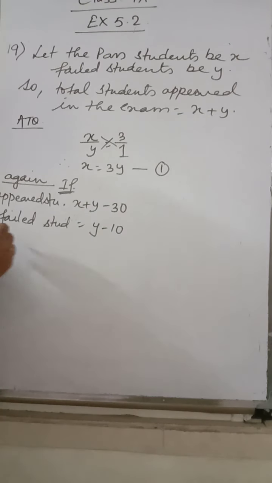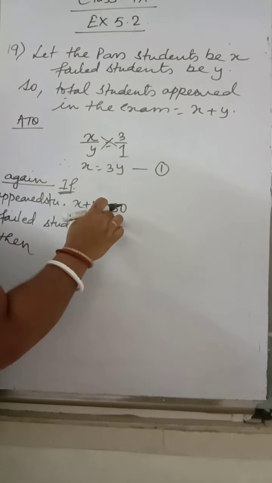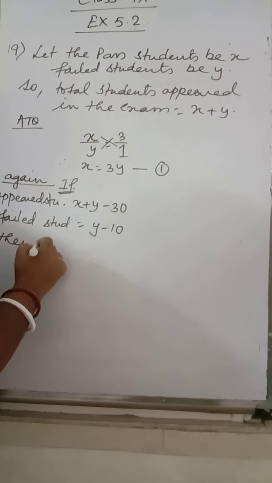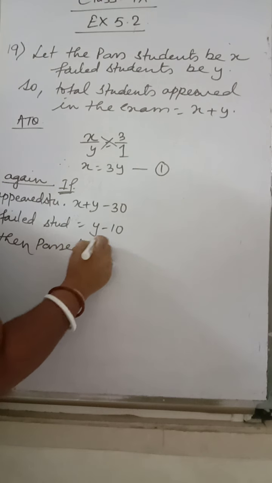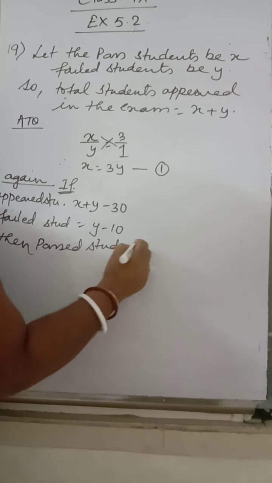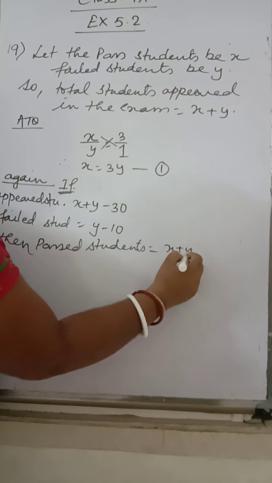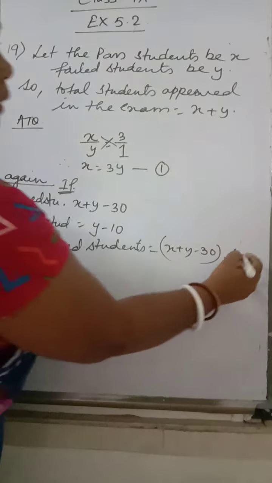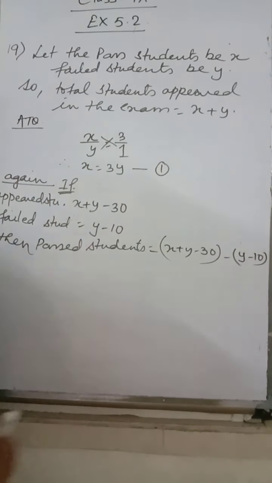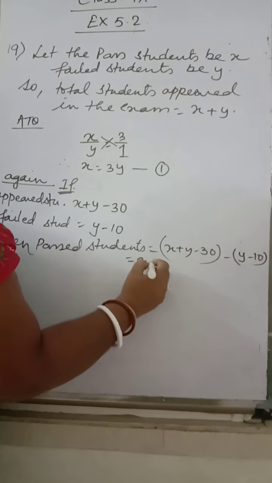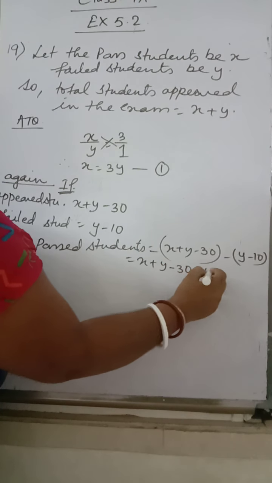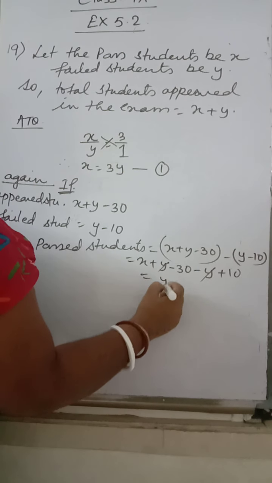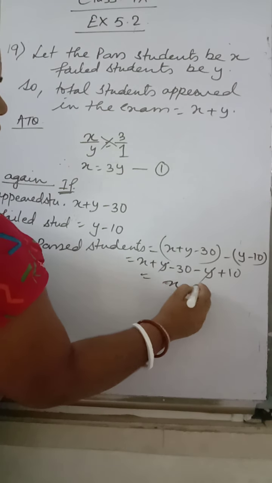This is appeared students; if 30 less appeared and 10 less failed, then the passed students you have to find here. What would be the passed students? Appeared students minus the failed students. So what is left? They passed, no? So we'll write appeared students minus failed students. So this gives you x plus y minus 30 minus y plus 10. y is cancelled. So the passed students we have got is x minus 20.